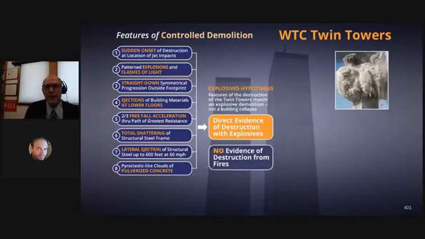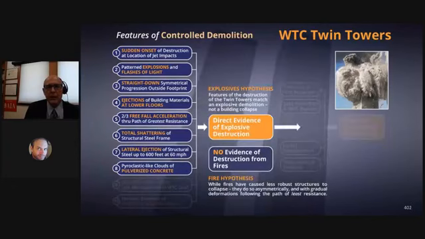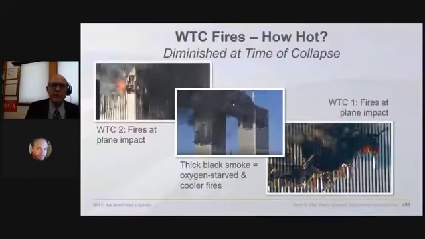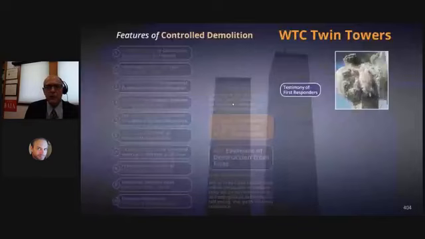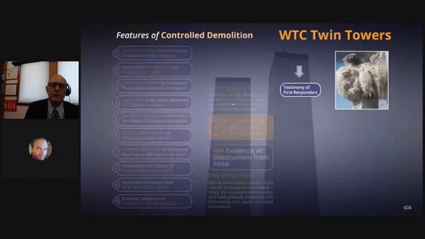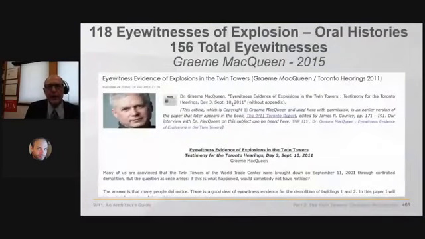Fire does not create these features, any of them, let alone all of them, especially these fires, which are diminished at the time of the collapse, indicating that they're cooler by the thick black smoke. With additional testimony dug up again by Graham McQueen, the 118 original witnesses now expands to 156 in his latest 2015 report.